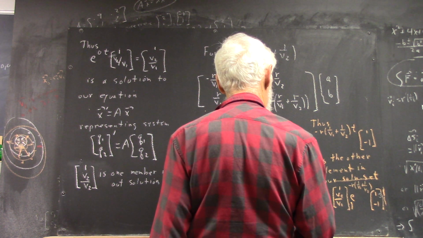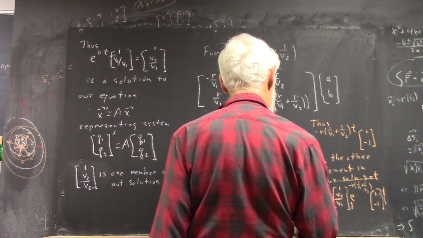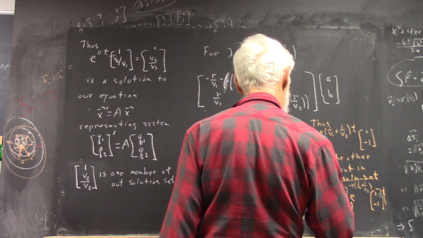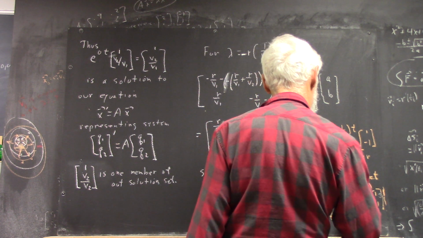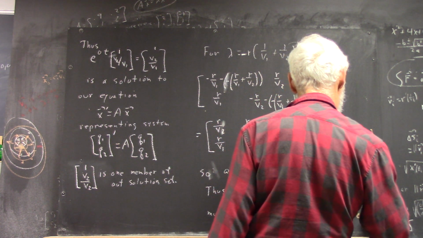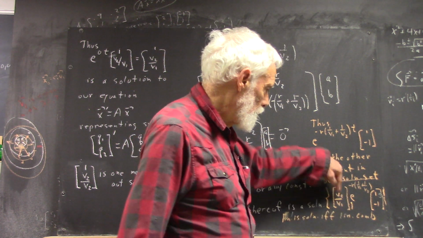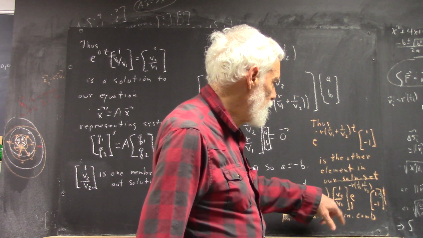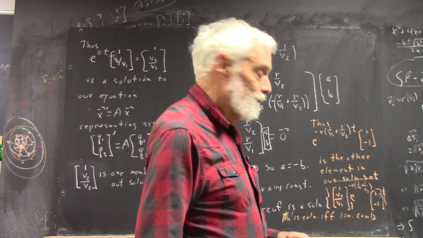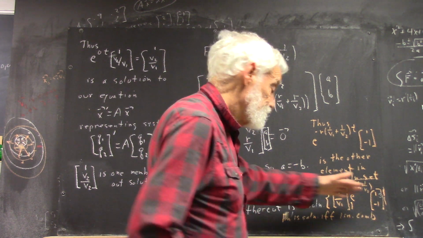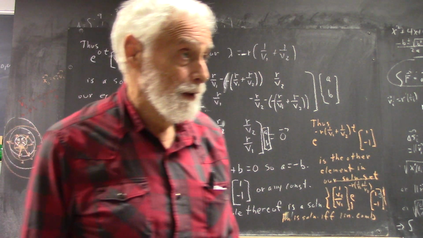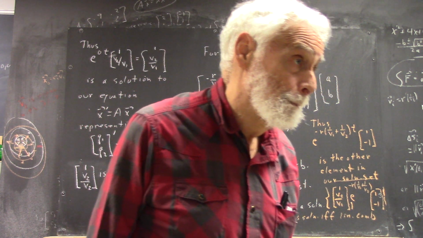So, abbreviating it, a vector function is a solution if and only if it's a linear combination of these. That's written kind of badly, but if you work it out, you see exactly how it needs to be.